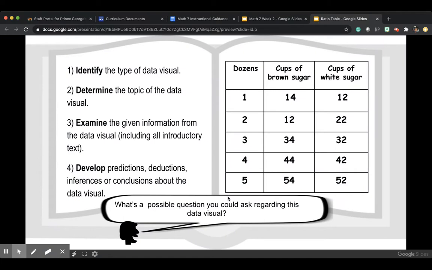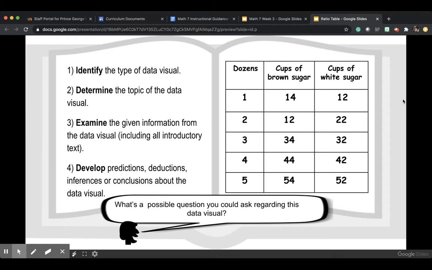So I want us to take a second after I read the following questions to have a discussion or use your chat feature to answer the following questions. The first question says, identify the type of data visual. So we're talking about this visual that's on the right-hand side. We also want to determine the topic of the data visual. So what's the topic of all of this?